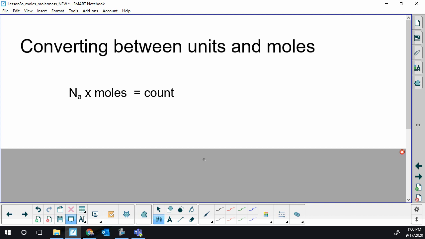We've got Avogadro's number, that's a constant. That's 6.02 times 10 to the 23 of anything is a mole. Well, that's not going to change. The amount of moles you have could change, which would affect the total count that you have.